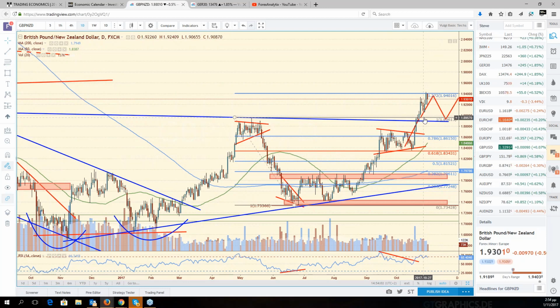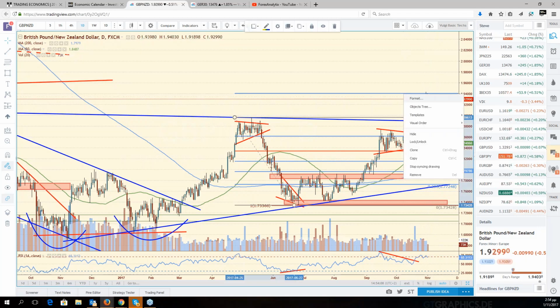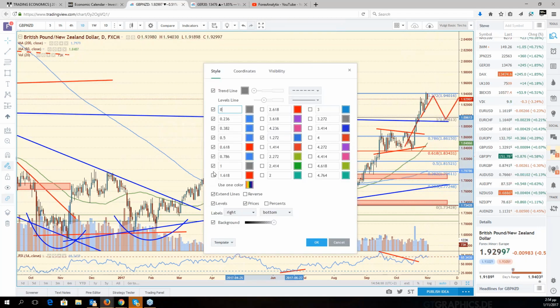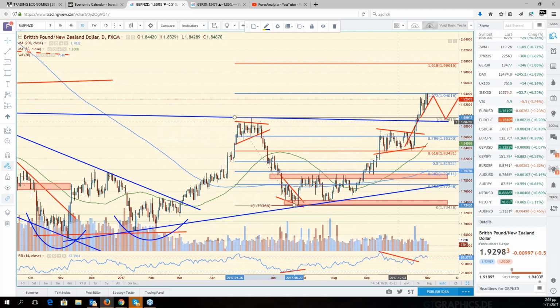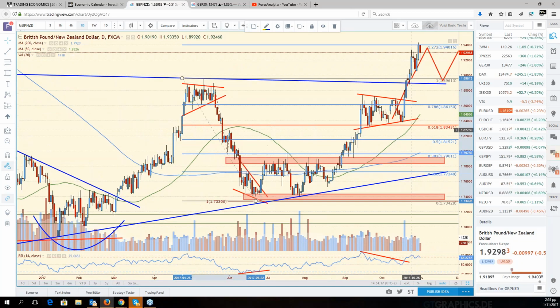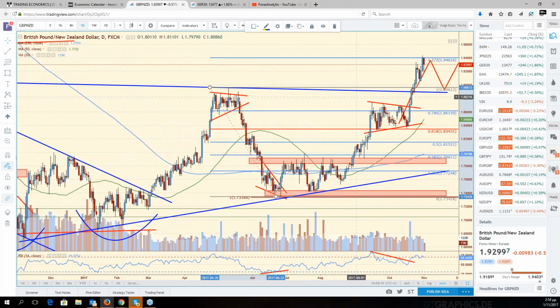I would need a lot of effort to be convinced to be anything but biased long. So any pullback should be bought, and the next target is almost at 2, the 161.8 of this move. So that's it with pound Kiwi.